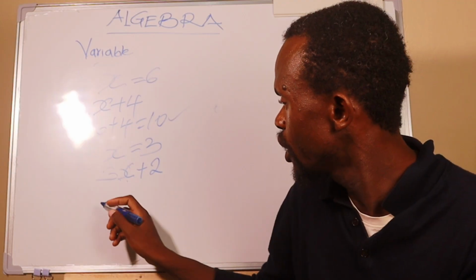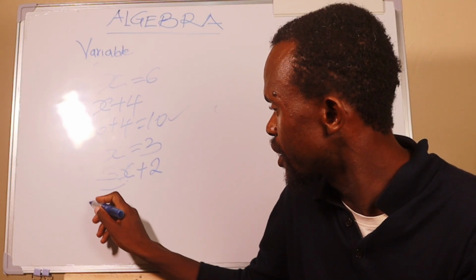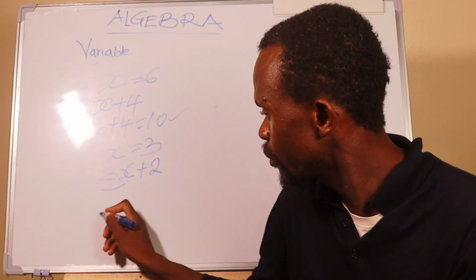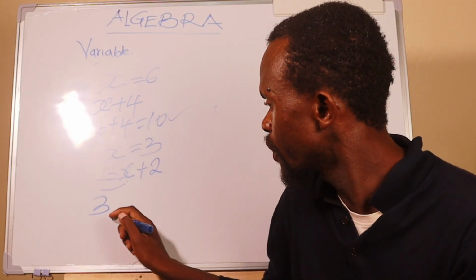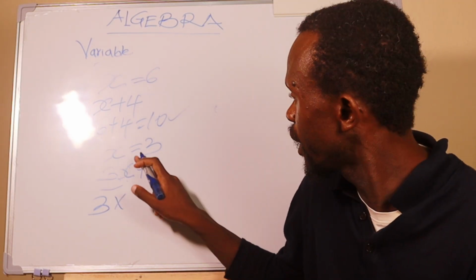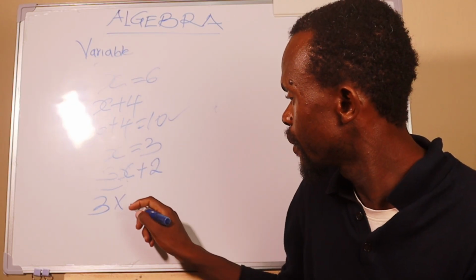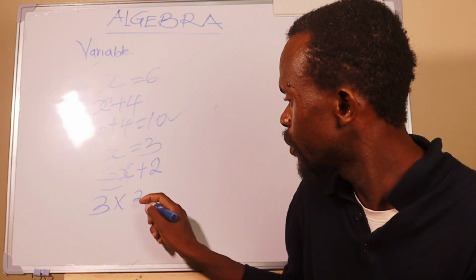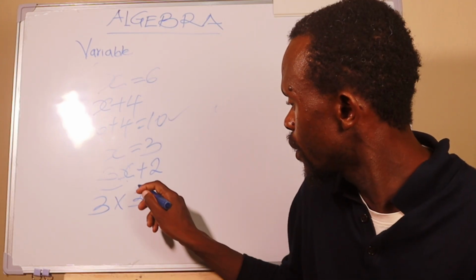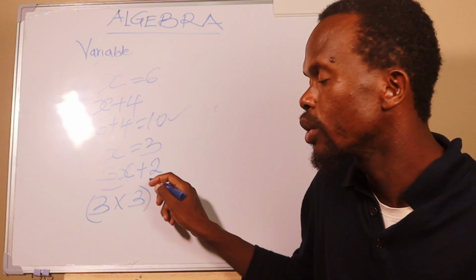So in this case, you're going to first of all deal with this 3, then you're going to multiply by the value of variable x, which in this second instance is 3. And then this is the first one. Then we're going to add 2.